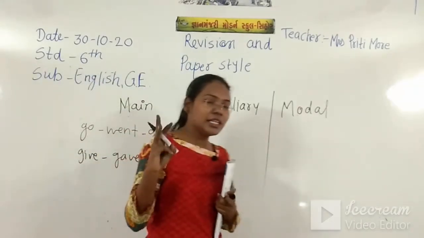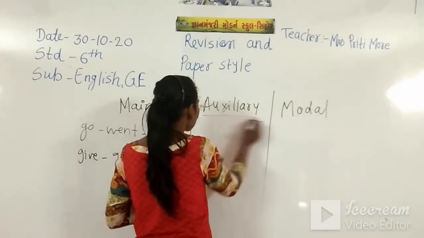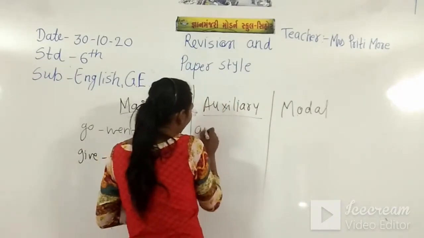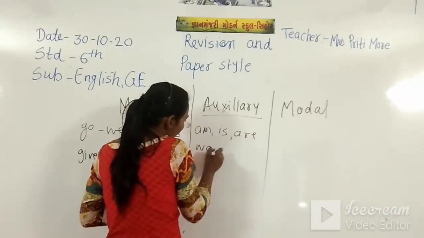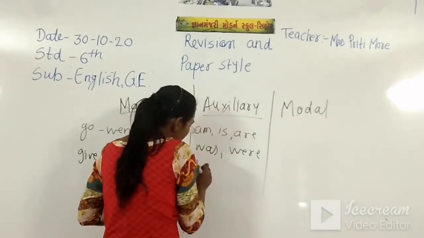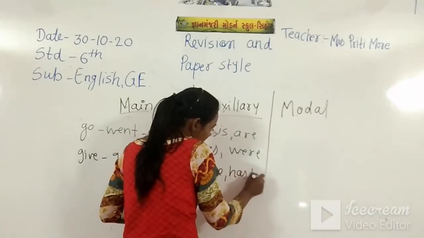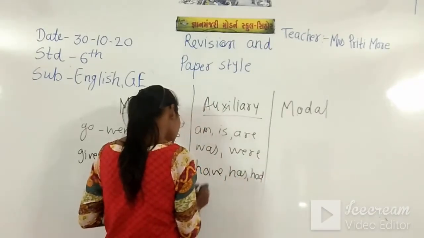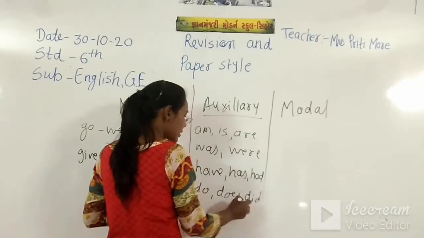जो verb के 3 form बनते हैं, it is called main verb. Now the auxiliaries are am, is, are, was, were, have, has, had, do, does, did.